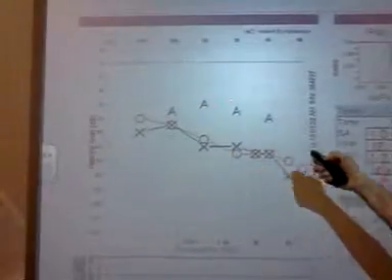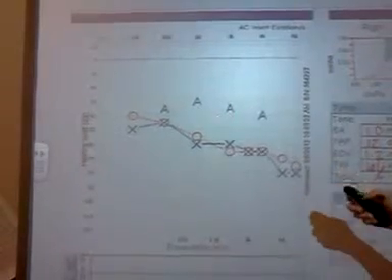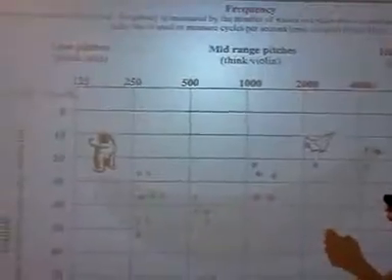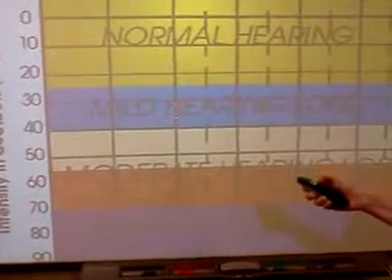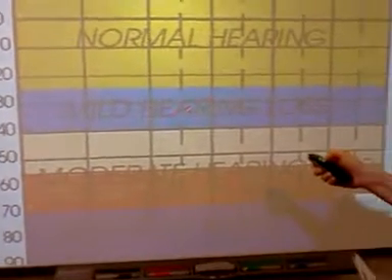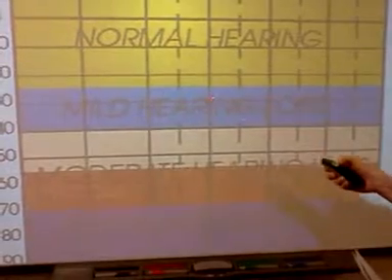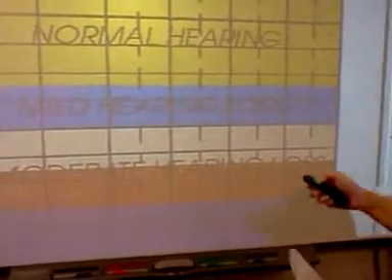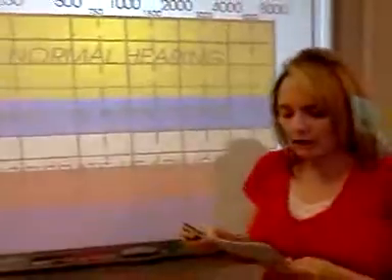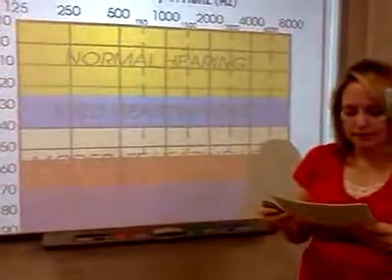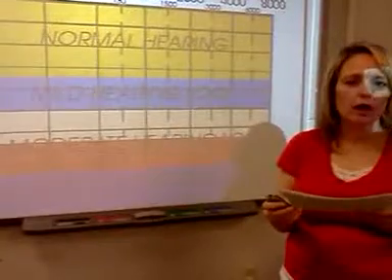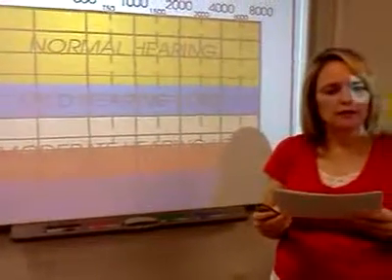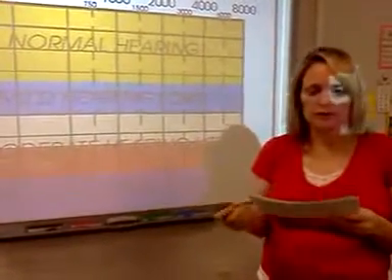So between 500 and 4,000 hertz, she's within the mild range, because she starts right here at about 35 and then 40, and then 30, then 35, and then 40. So she's within that mild range. The gain or benefit from her using her hearing aids will definitely help her to hear speech sounds and to aid her in her speech production skills.